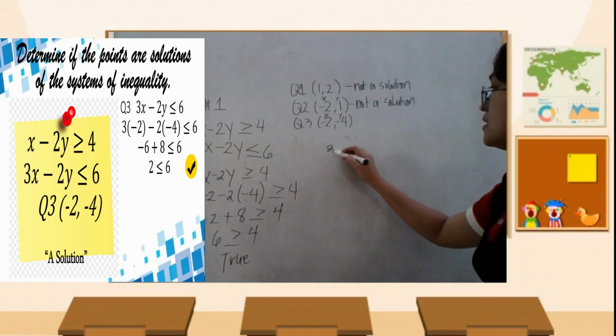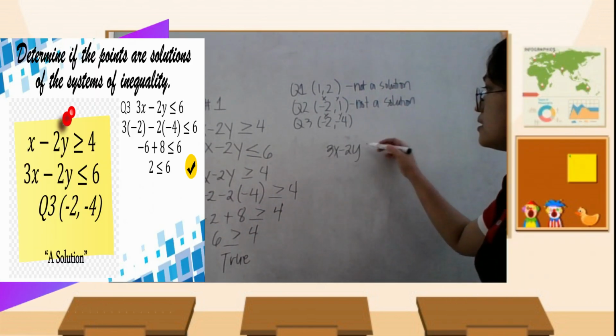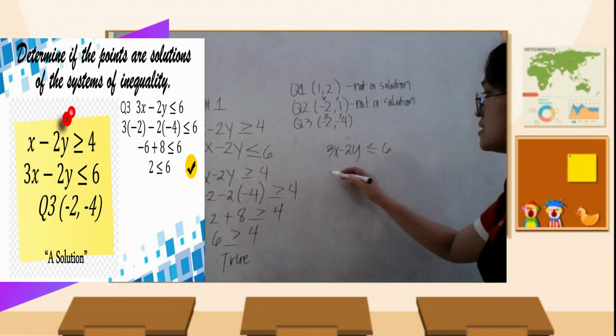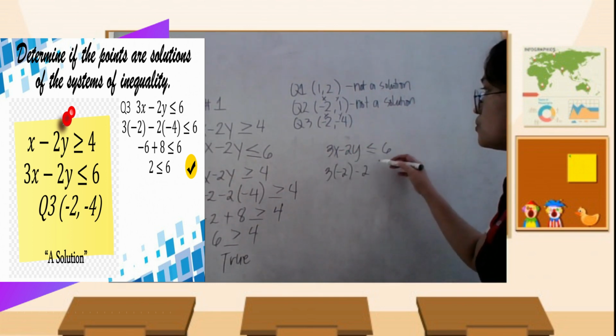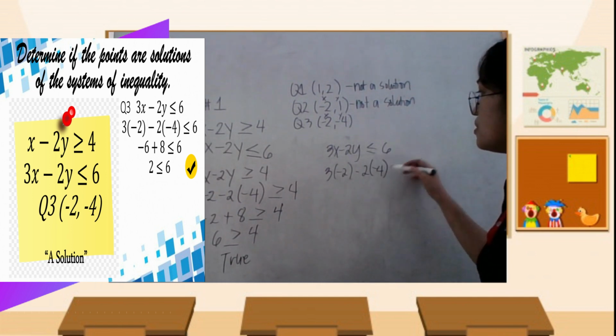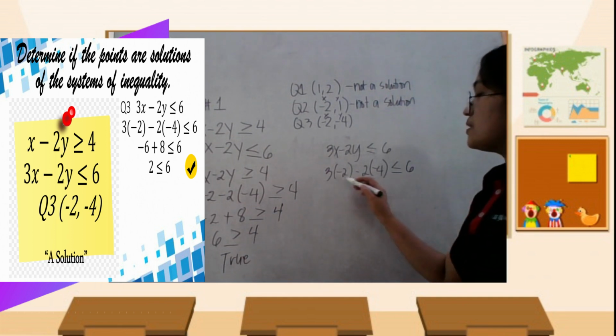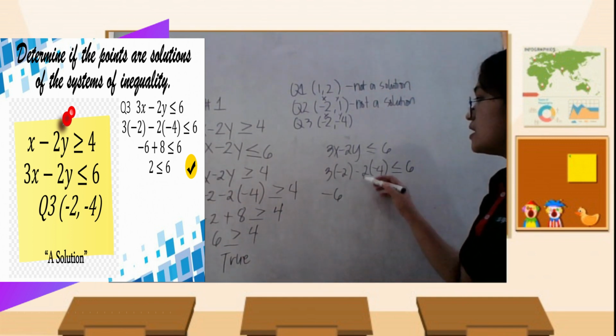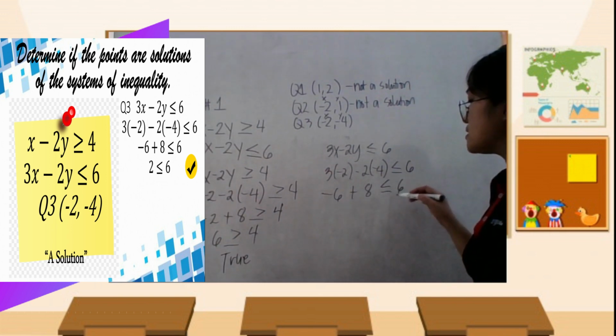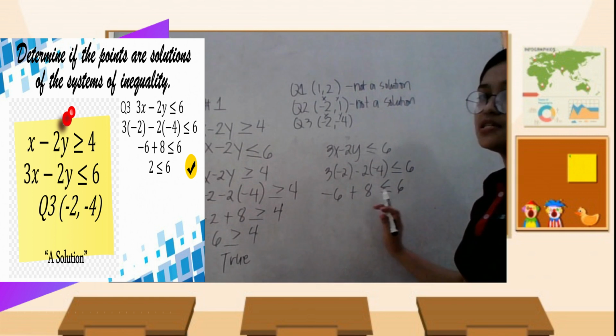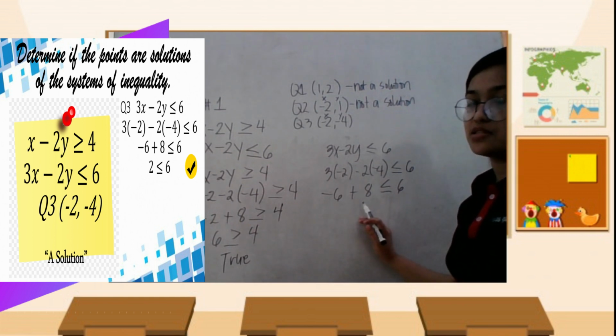Next, we have 3x minus 2y is less than or equal to 6. So 3 times the x, negative 2, minus 2 times the y, negative 4, less than or equal to 6. Okay? So 3 times negative 2 is negative 6. Negative 2 times negative 4 is positive 8, less than or equal to 6. Negative 6 plus 8, since they have different signs, we subtract.